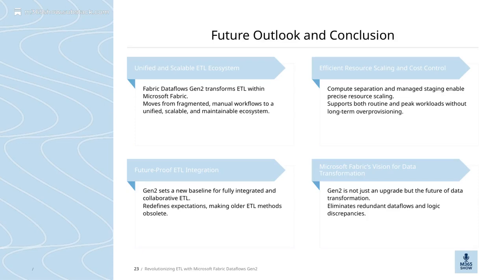This approach ensures efficiency and cost control. Ultimately, Fabric Dataflows Gen 2 is transforming ETL within Microsoft Fabric itself. It moves us away from fragmented, manual workflows toward a unified, scalable, and maintainable ecosystem. This is all about creating a future-ready environment that can grow and adapt with our needs.